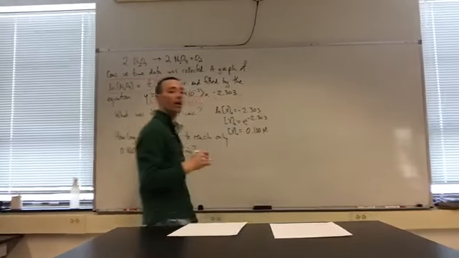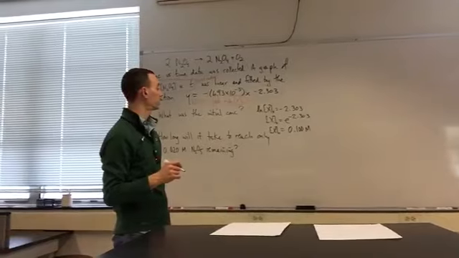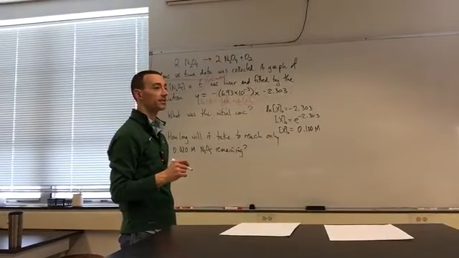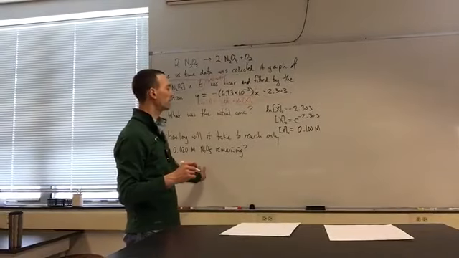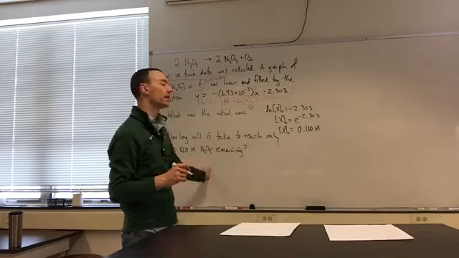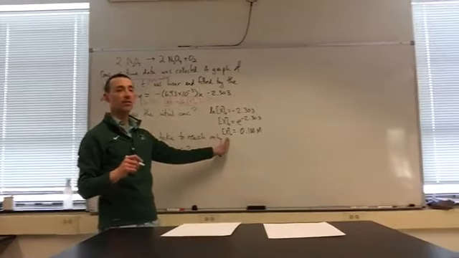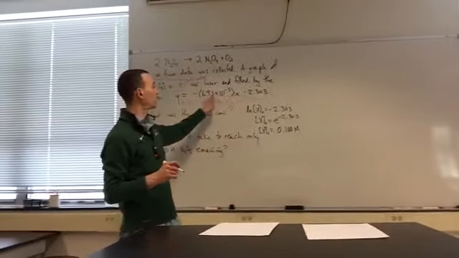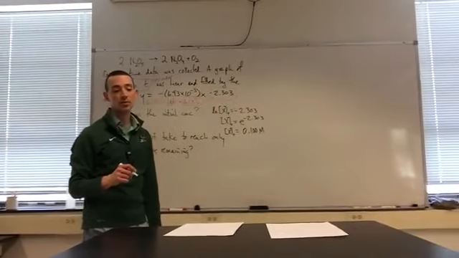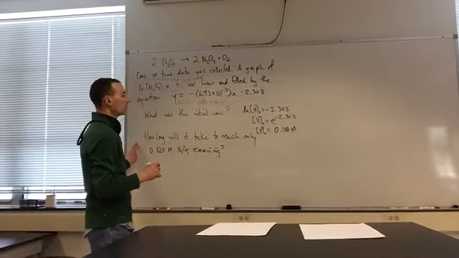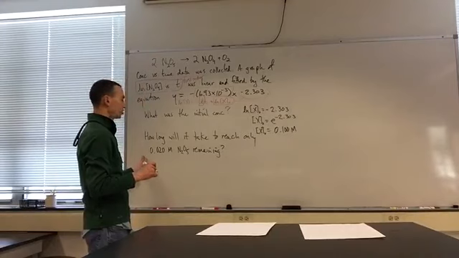So we now know our original or initial concentration of our reactants. So now we can tackle the second question because we have both the initial amount and we now have the rate constant for this reaction as well. So how long will it take to reach 0.020 molar?